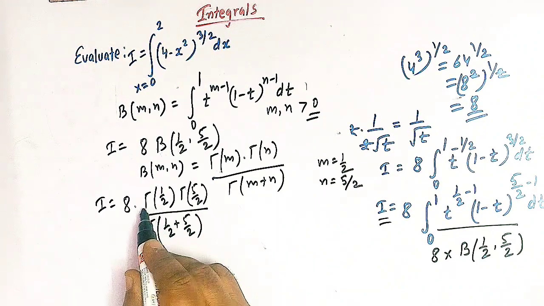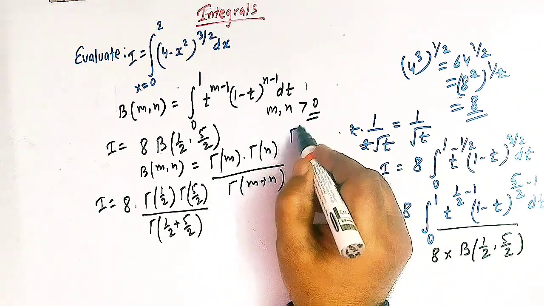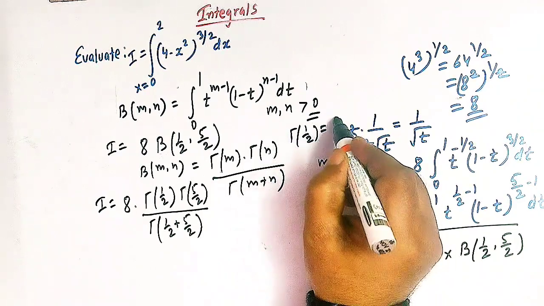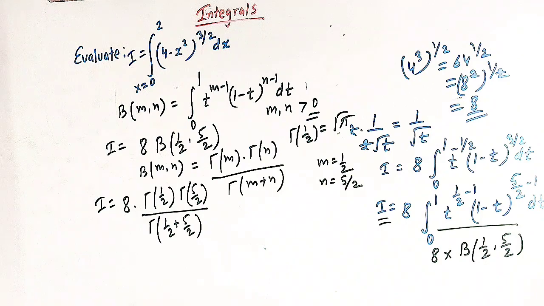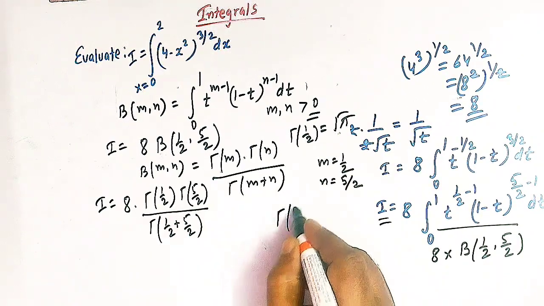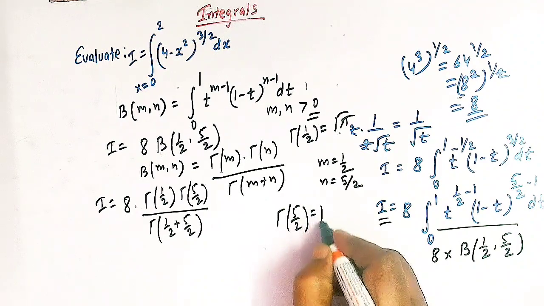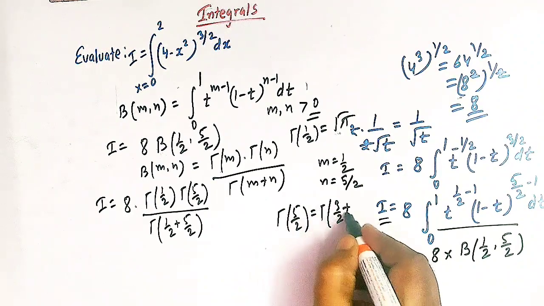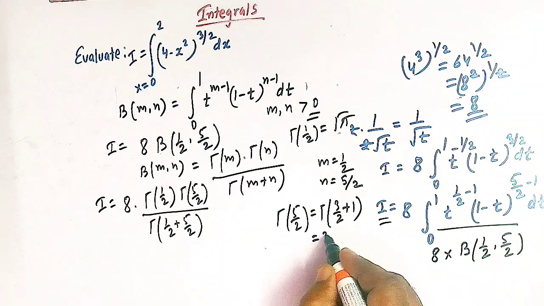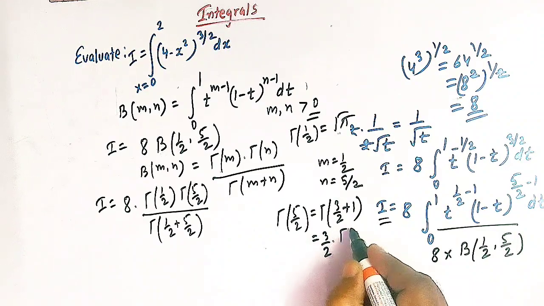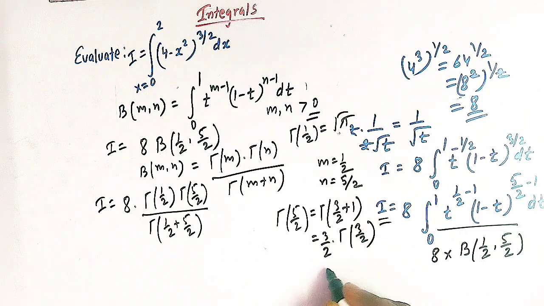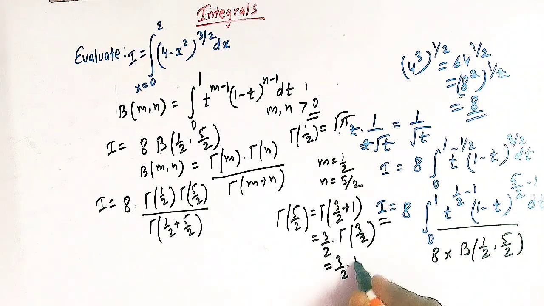Okay, now we know that gamma of half is given by square root of pi, and gamma 5 by 2 can be written as 3 by 2 plus 1, which can be written as 3 by 2 times gamma of 3 by 2.